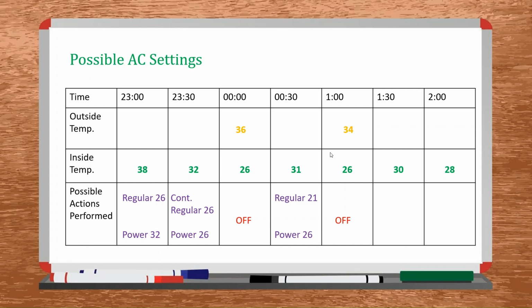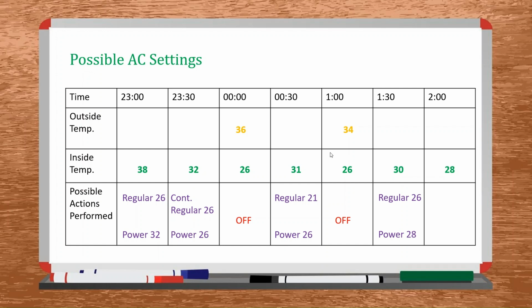Next, at 1:30 the temperature is 30 degrees, and at 2 a.m. the temperature is 28. So the possible actions are: one is changing the regular temperature to 26, or changing it to power 28.